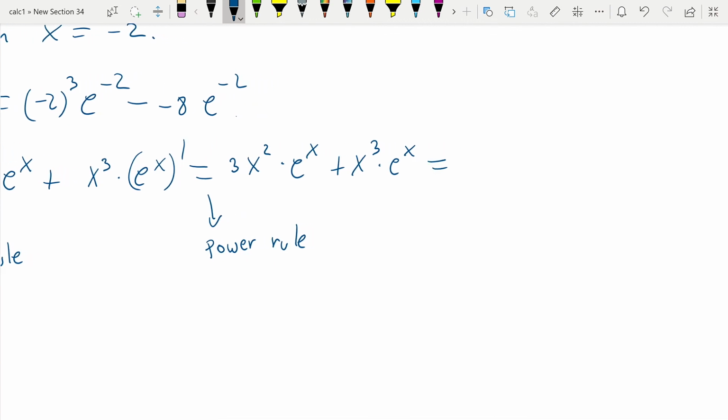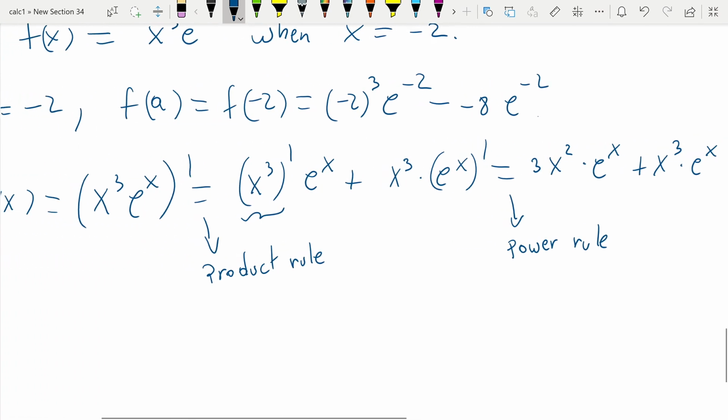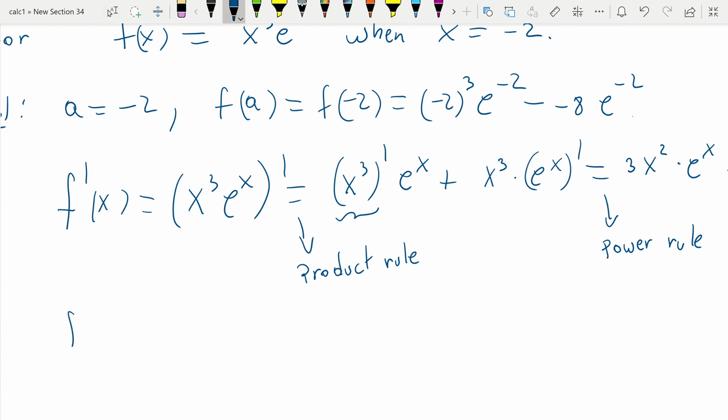We have a common factor of e to the x, so we write this as e to the x times 3x squared plus x cubed. This last step is not really necessary. Here you're just interested in the value of f prime at -2.